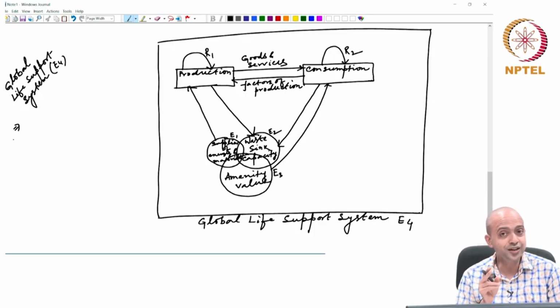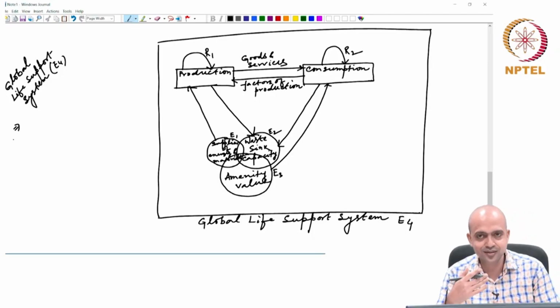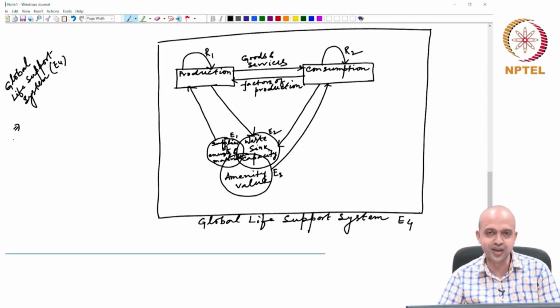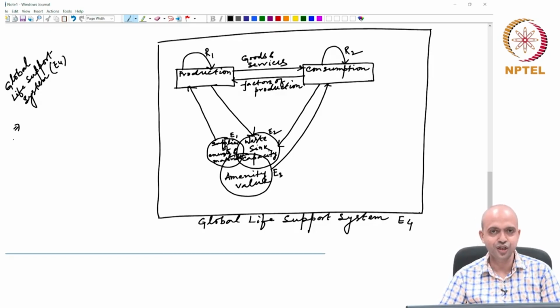And who maintains that? The environment. If the composition of these gases gets disturbed, then we cannot survive. When there is too much carbon dioxide accumulation in the environment, as you all know, we experience global warming and climate change. So, our survival on this earth is getting disturbed.